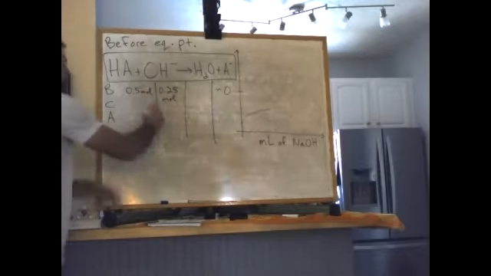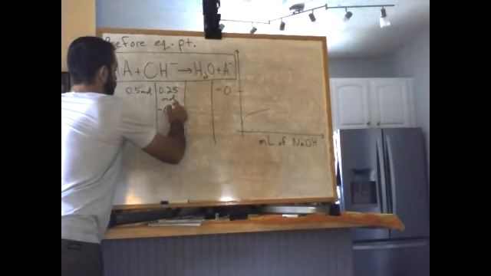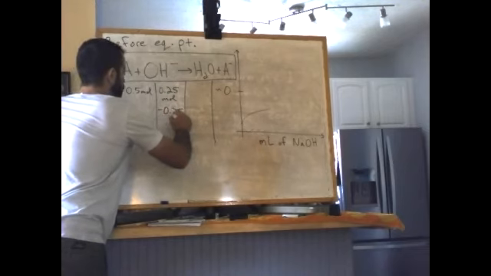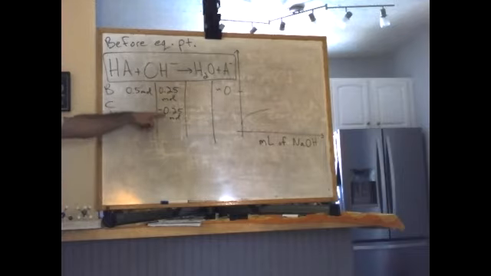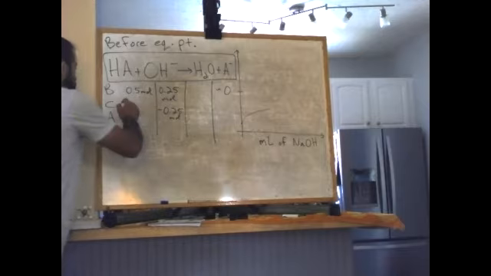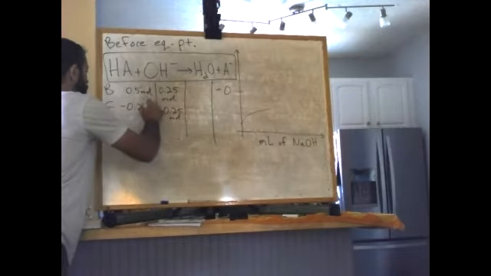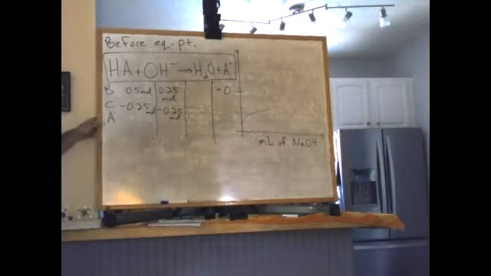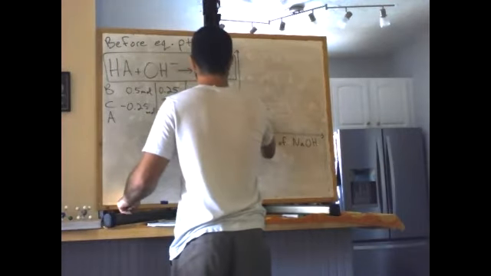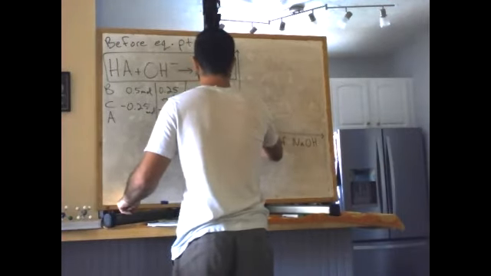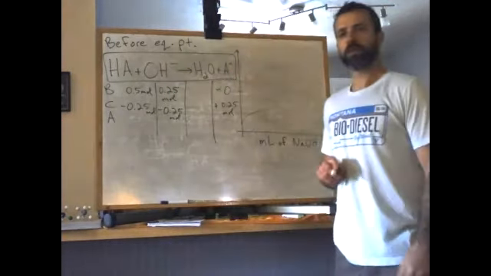So how much OH minus reacts? All of it, 0.25. Well, how much HA reacts? They react in a 1-to-1 ratio. So if a quarter of a mole of OH minus reacts, a quarter of a mole of HA reacts. And what have we made? A quarter of a mole of A minus. Sweet.